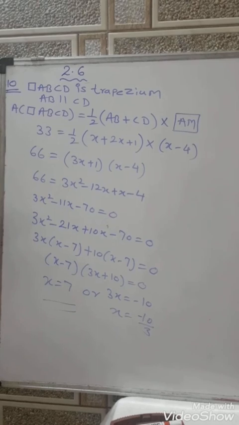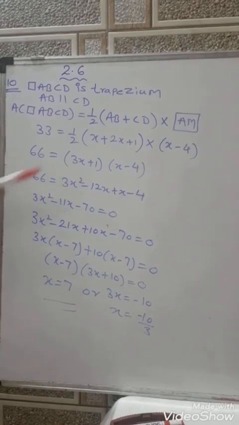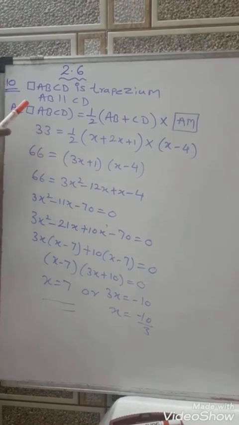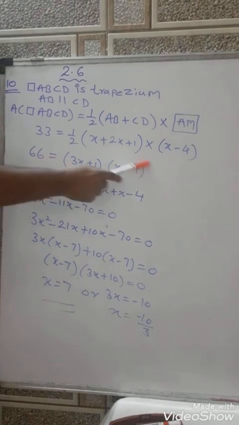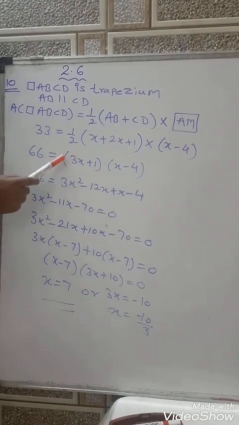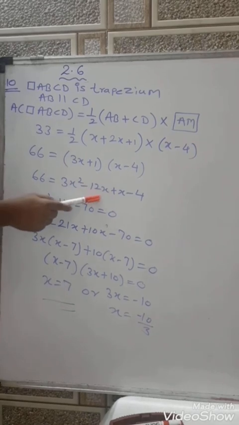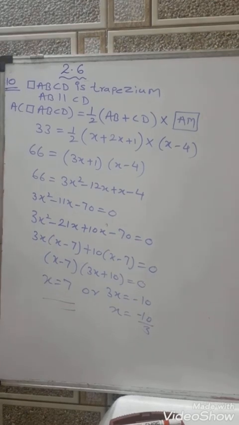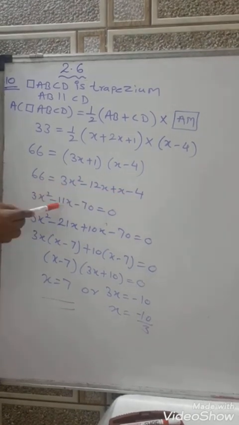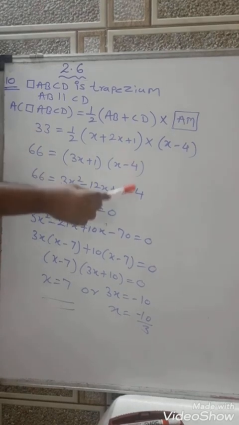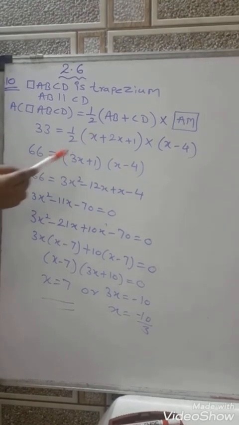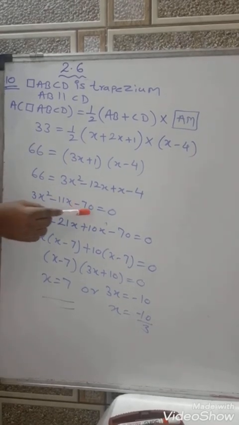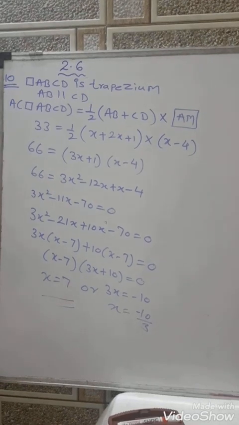So 33 equals half into 3x plus 1 and x minus 4, and the 2 is shifted over there, you get 66. Doing the bracket multiplication, you get 3x square minus 12x plus x minus 4 equals 66. 12 minus 1 gives minus 11, and 66 shifted over there, so minus 4 minus 66 gives minus 70. 3x square minus 11x minus 70 equals 0.